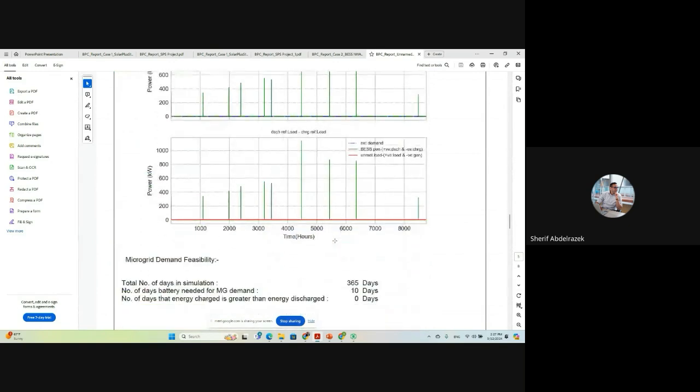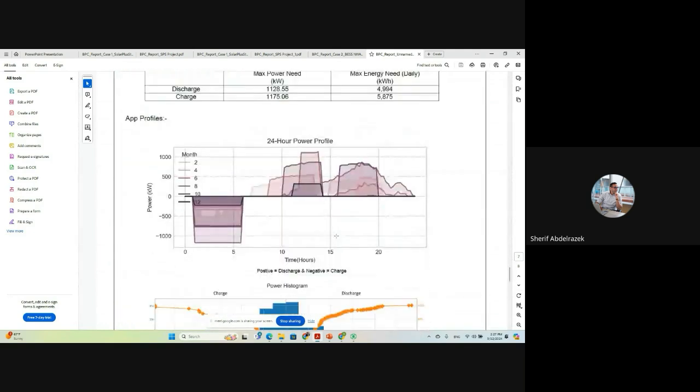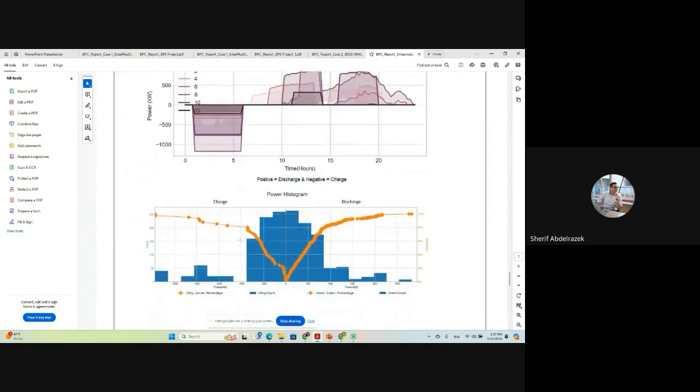So now I'll just fast forward to the full profile. Now we set the energy equalization app on the microgrid to equalize from 1 a.m. I think to 6 a.m. So on a daily basis, like we said, whatever it needs for that day, it's charging for it.